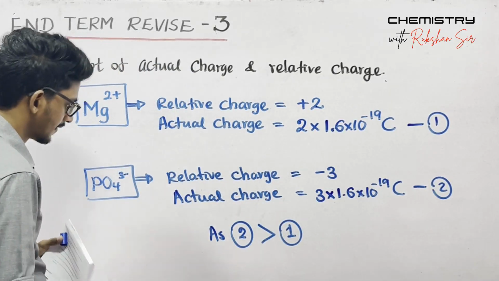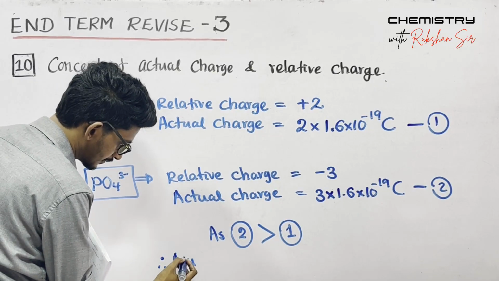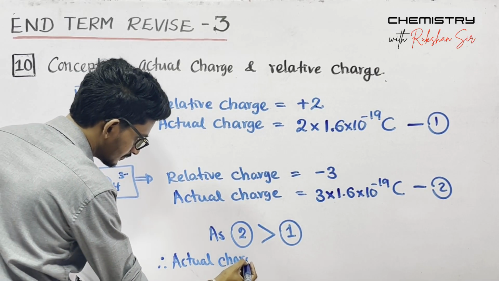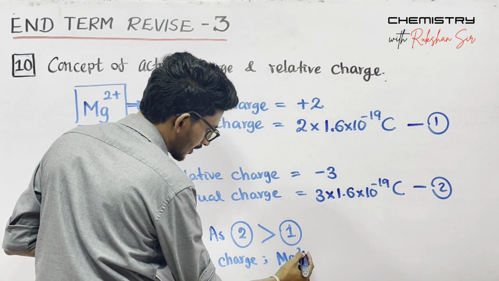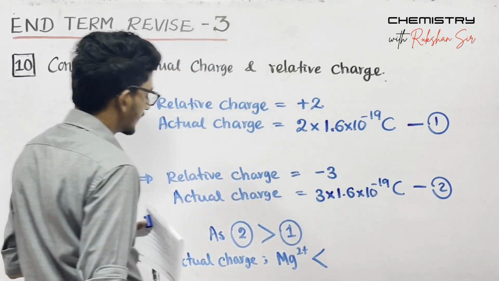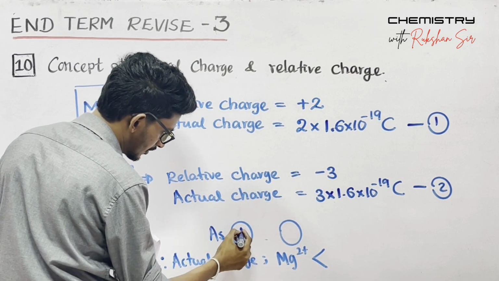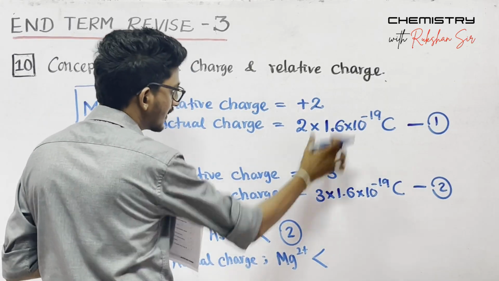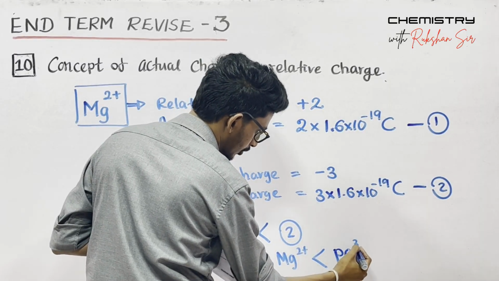So because actual charge of the magnesium 2 plus is lesser than, I'll write it here so there is no confusion. 1 represents the magnesium's charge and 2 represents the actual charge of the phosphate ion.